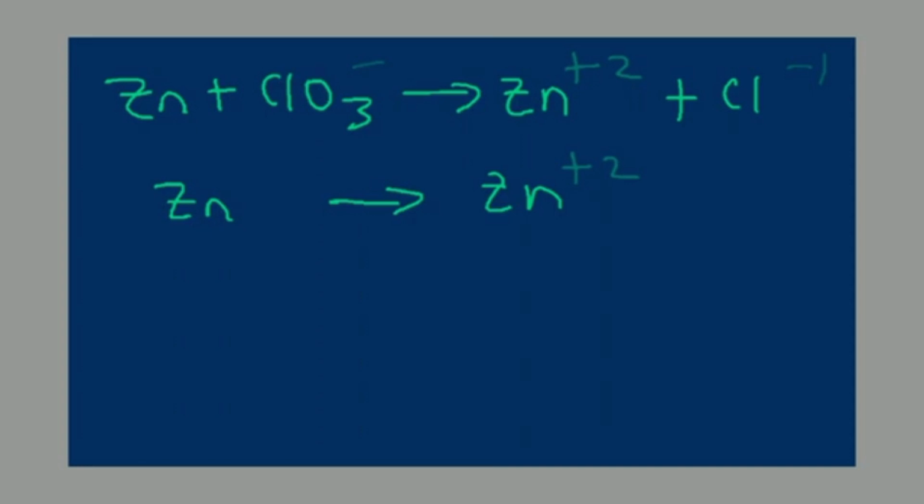We have one zinc particle on both sides, but the charges are imbalanced. On the left side, the total charge is 0, but on the right side, it is 2. These two numbers differ by 2, so we need to add 2 electrons. Always add the electrons to the side with the higher charge, in this case, the right side.